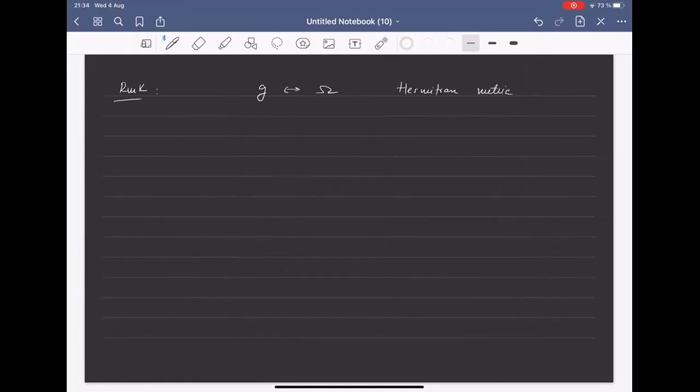And the reason is that out of these three elements, G, J, and omega, we need only two to completely determine the third one. Out of G and J, we can easily recover omega, and the same, out of omega and J, we can recover G, and out of omega and G, we can recover J.